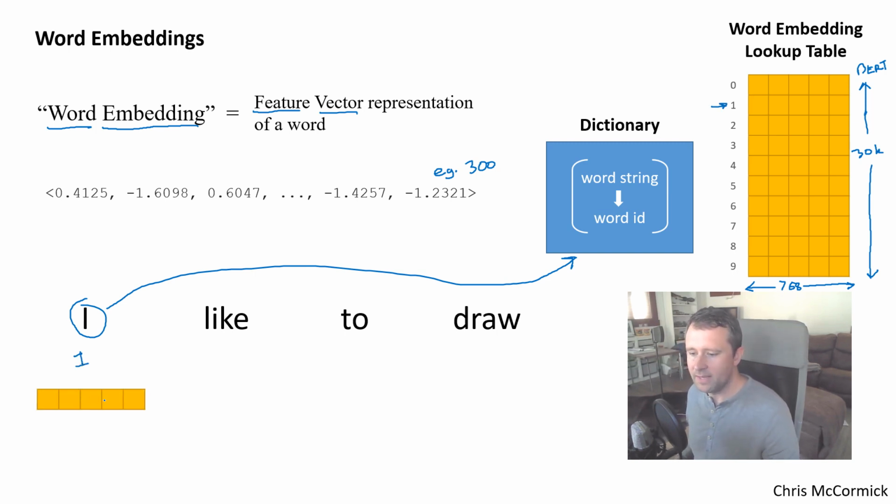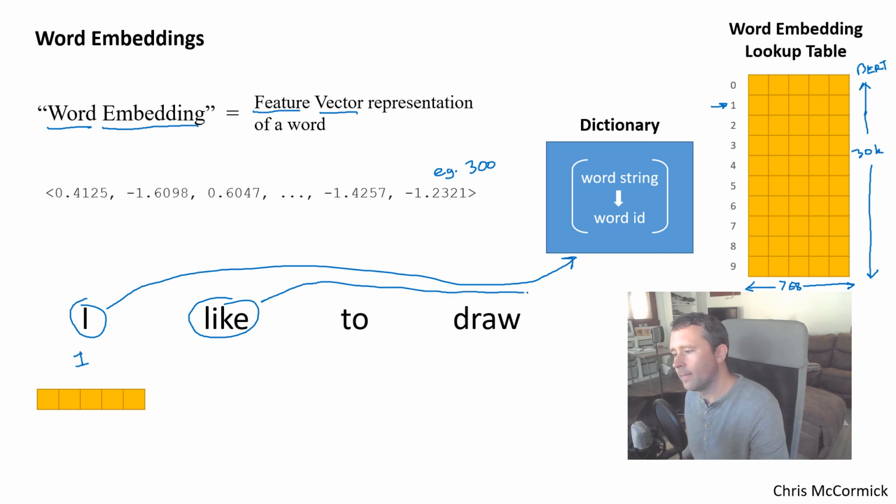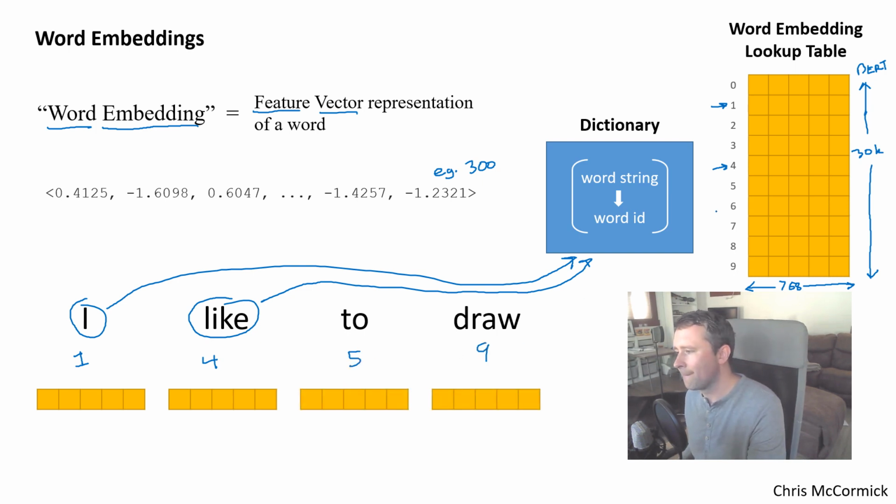And then we'd retrieve the vector from row 1 of the table. Then we can look up the word like. Let's say that's at position 4. Get the row vector for the word like, and then we can keep doing this for all of the words in the sentence. So now, instead of a sequence of strings to operate on, BERT will have a sequence of embeddings that it can actually do math on.